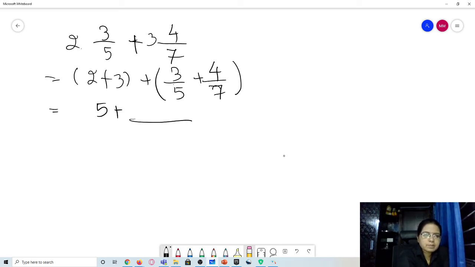Now the LCM of 5 and 7 is 35. Divide 35 by 5 is 7.